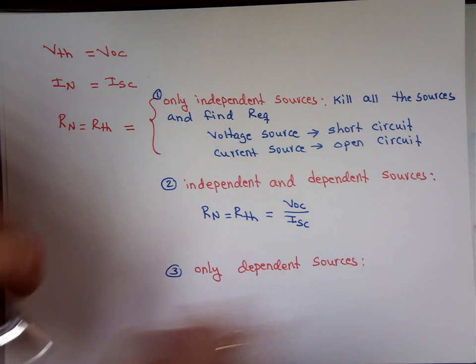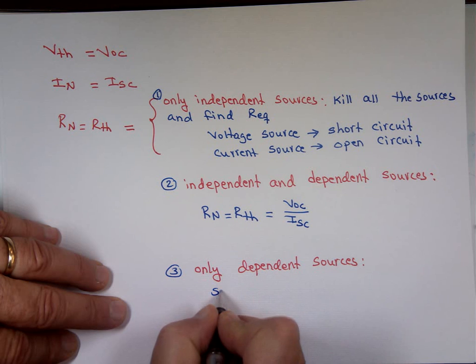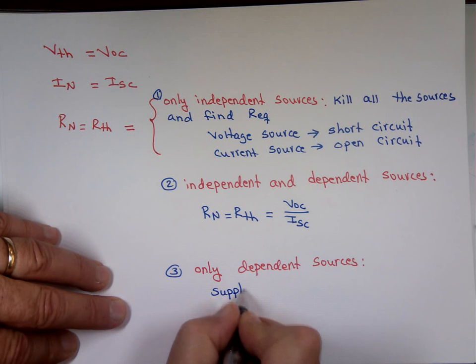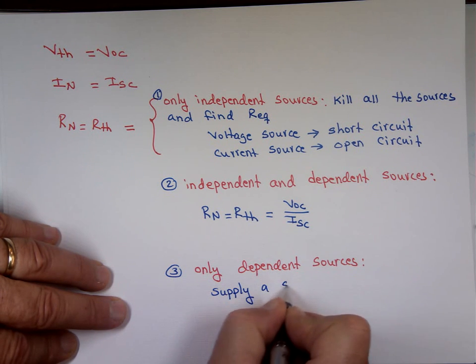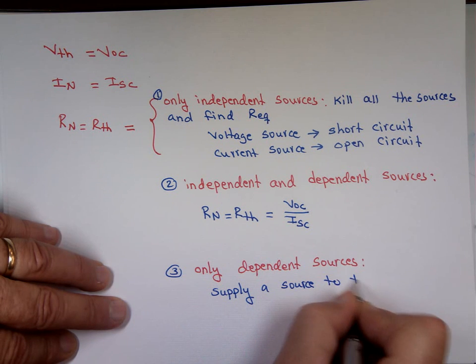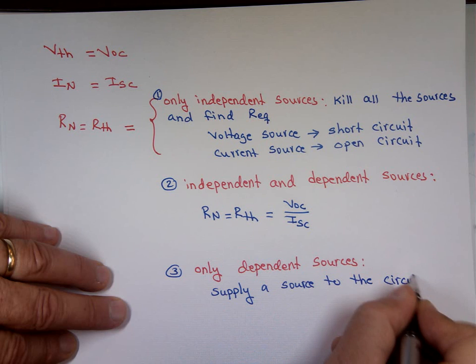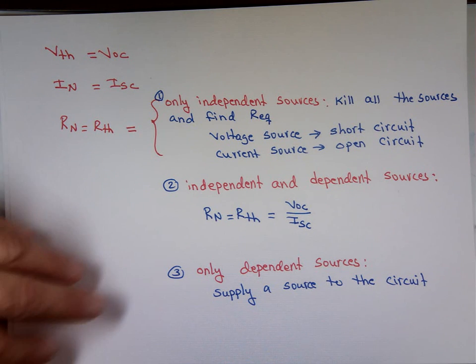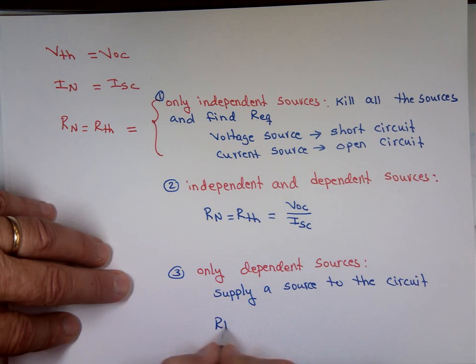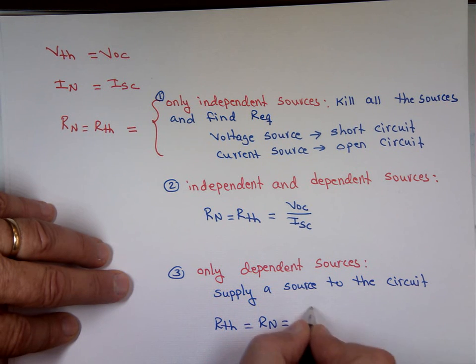In that one, we have to supply a source to the circuit. I didn't say current, I didn't say voltage. We're going to add a source, put it in and find R Thevenin, which is the same as R Norton, by taking the voltage divided by the current.